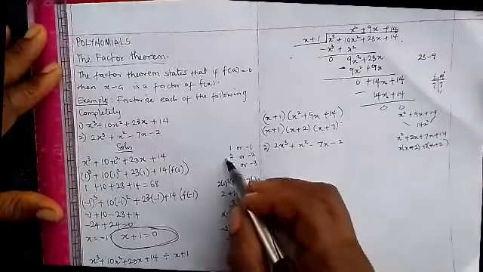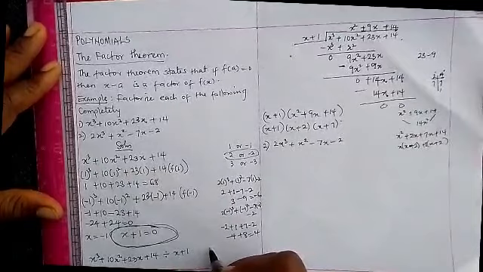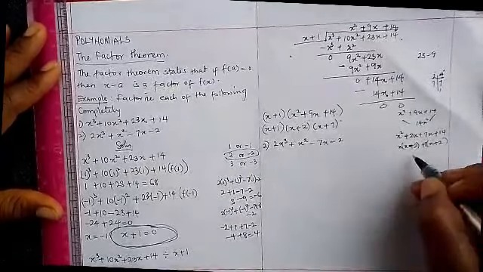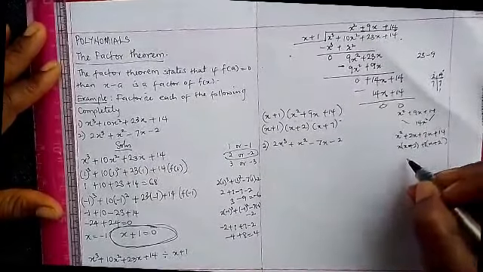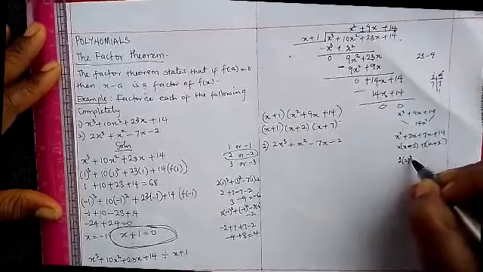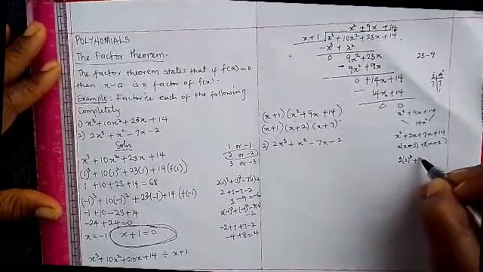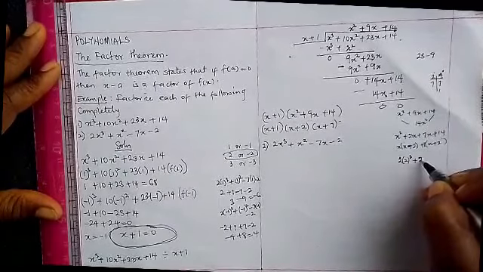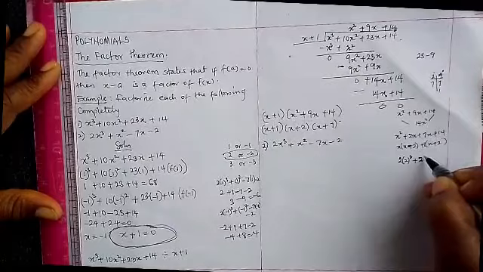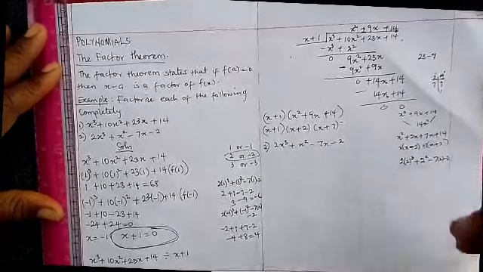So let's try the next one, 2. We have 2 times 2 raised to the power of 3 plus 2 raised to the power of 2 minus 7 times 2 minus 2.